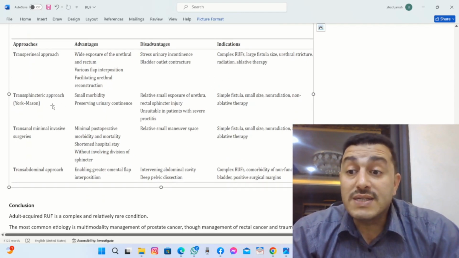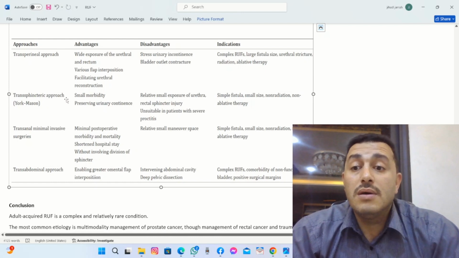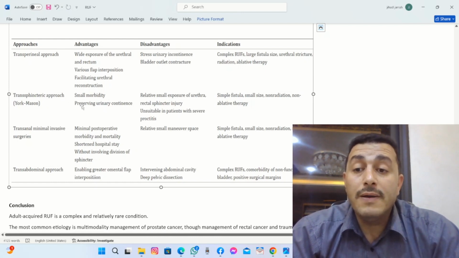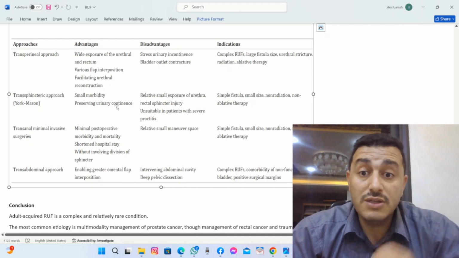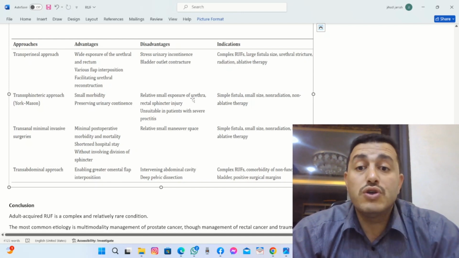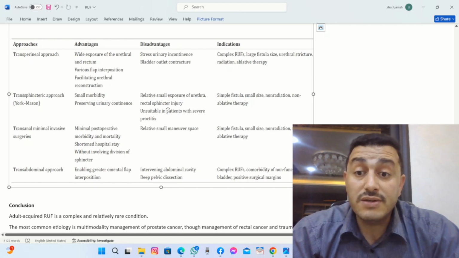The transsphincteric approach, York Mason approach, of its advantages, it has small morbidity, preserving the urinary continence. Disadvantages, small exposure to the urethra, rectal sphincter injury.